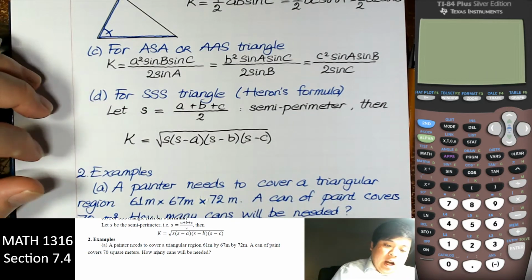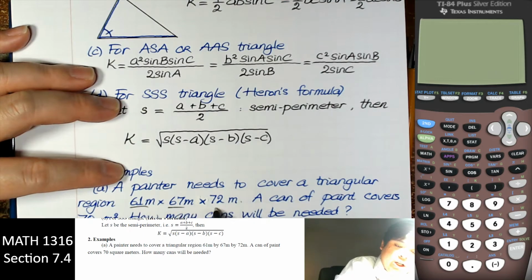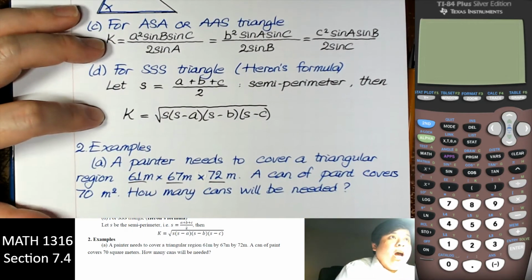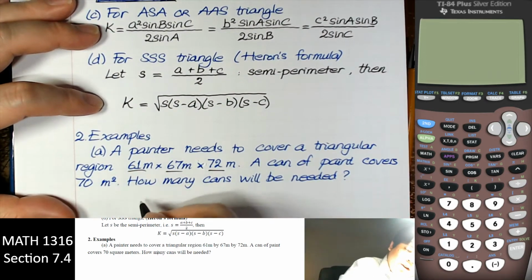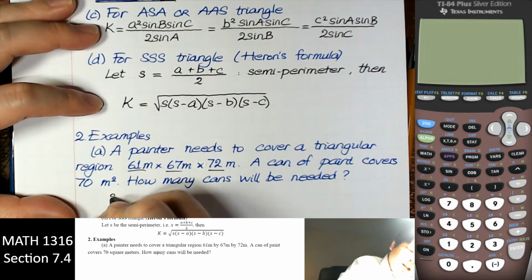So first, in this triangle, we have 3 sides, so we have to use Heron's formula. First, we find the semi-perimeter.